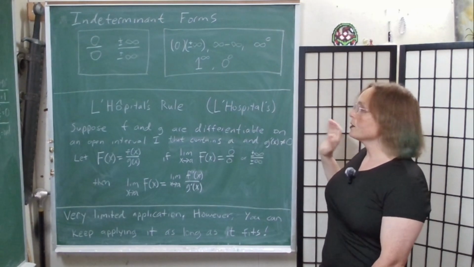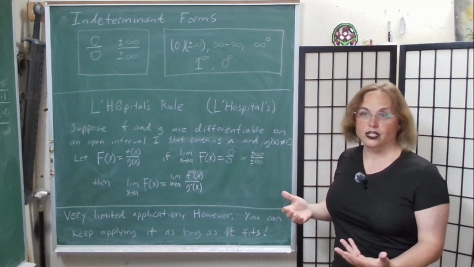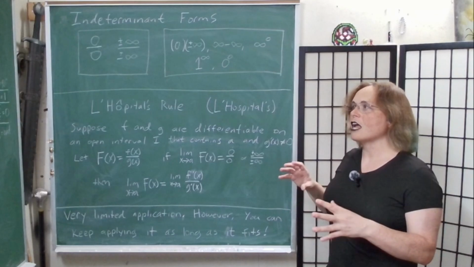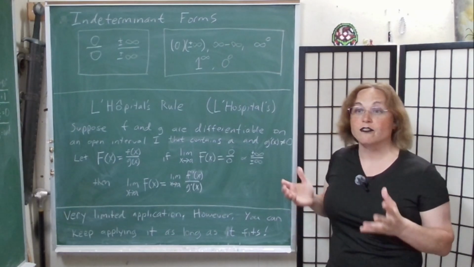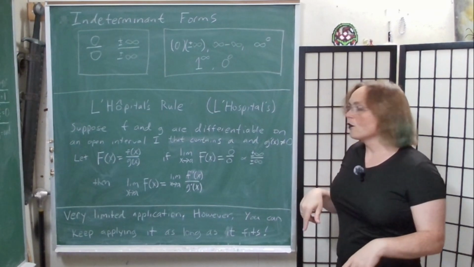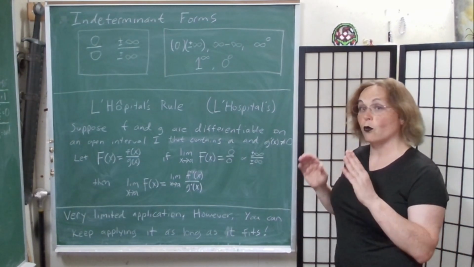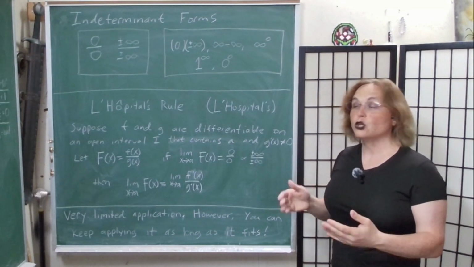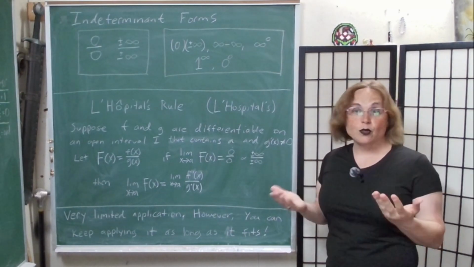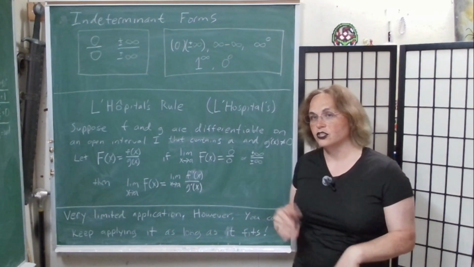Now, where L'Hopital's rule comes from is the idea of our linear approximation, and we apply a more generalized version of the mean value theorem. Told you it'd come up again. Although this time it's Cauchy's version, where instead of looking at one specific function, we look at two functions. We look at the difference of functions, or in this case, the quotient of functions.